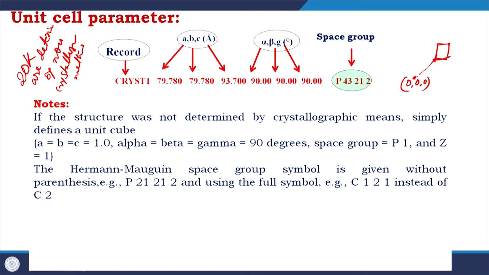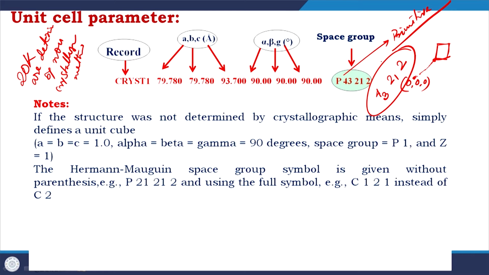So, here P stands for primitive. Remember, we talked about all those symmetry things in X-ray crystallography. So, P is primitive. 4 3 means like this, 2 1, if I write, now you will understand.